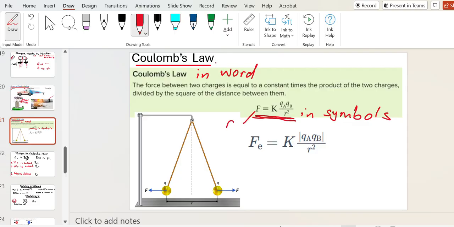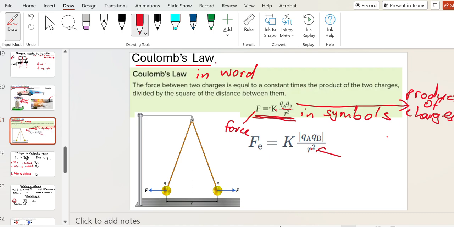It's force. F equals a constant times QA times QB, the product of charges. Product means times. R squared is the distance squared. You can say square of distance.